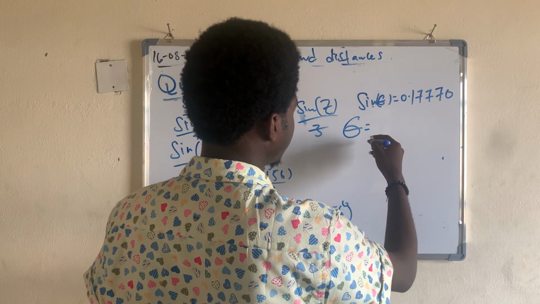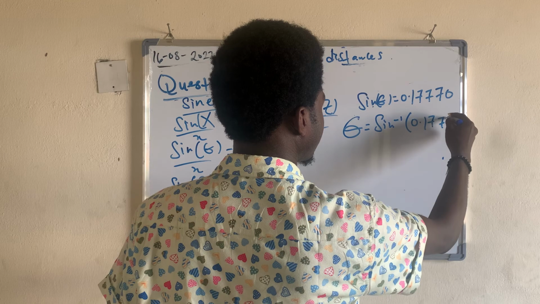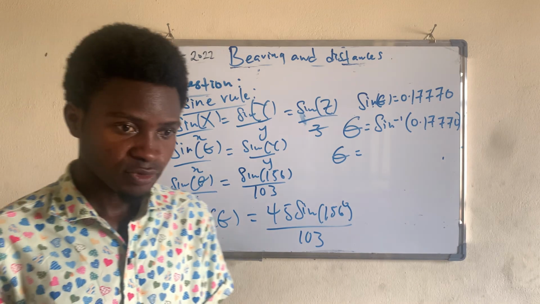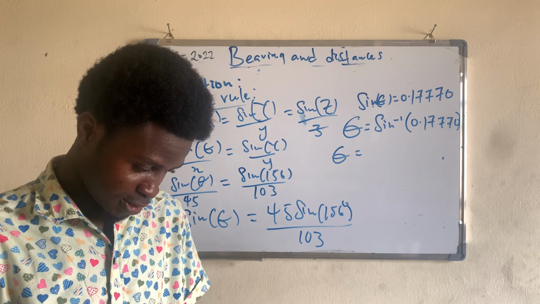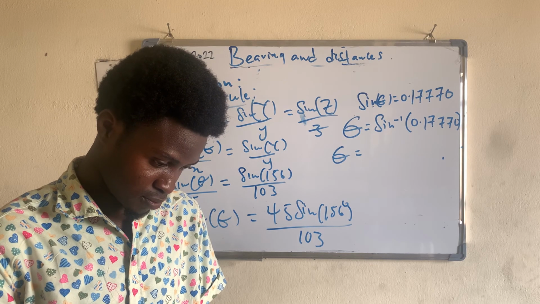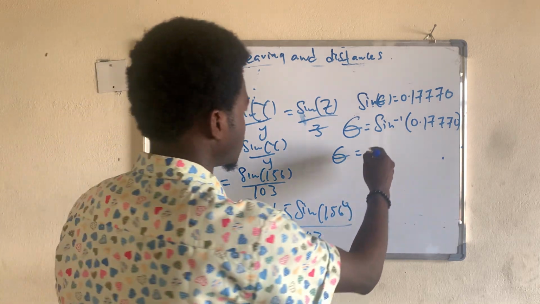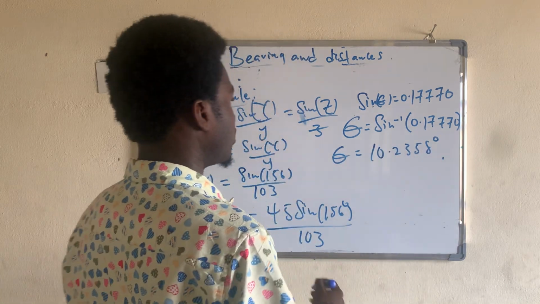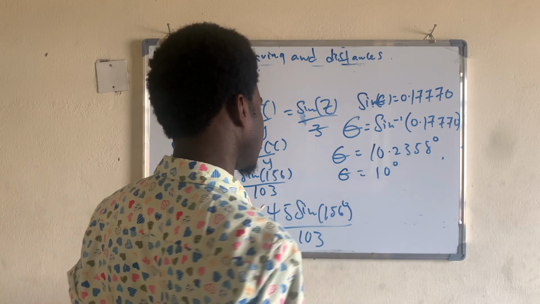So we take arc sine on both sides. So we have sine inverse 0.1777. So theta is the arc sine of that value, 0.1777. So we have 10.2358 degrees. But to two significant figures, we see this is 10 degrees.